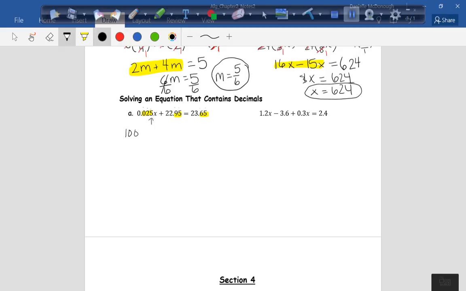So I'm going to do 1,000 times 0.025x. I'm going to do 1,000 times 22.95. And I'm going to do 1,000 times 23.65. Sorry, I'm going over into that area.